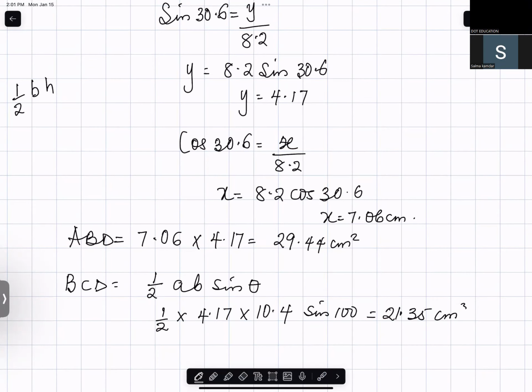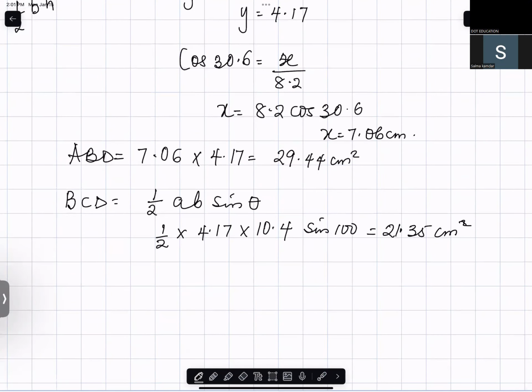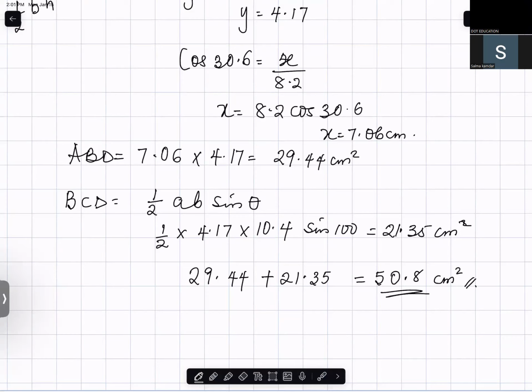So having gotten this, I bring both of them together. Area of ABD 29.44 plus 21.35 is 50.8 cm squared. So that is the area of the triangle in A.